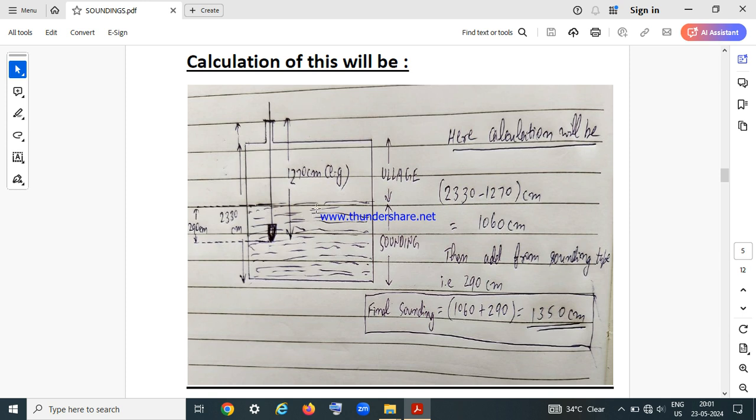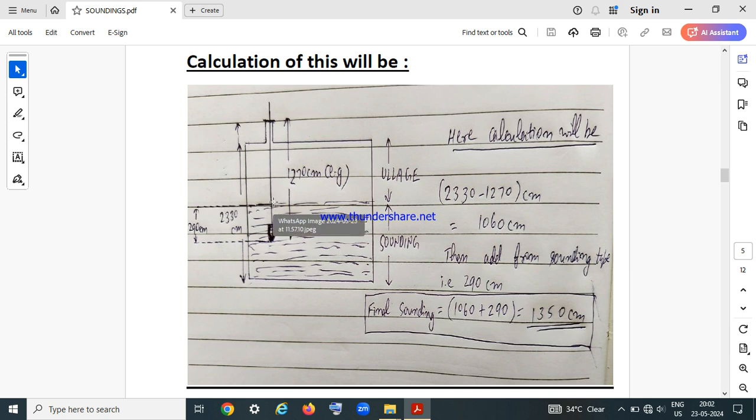So suppose I have put 1270 centimeter. So 1270 centimeter is this one, and this one is the full depth. So we found 1060 centimeter. But this is not the sounding, because here the sounding tape itself is showing some value. It is not just touching the liquid level.